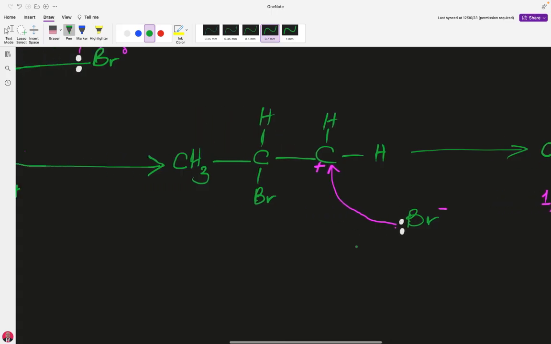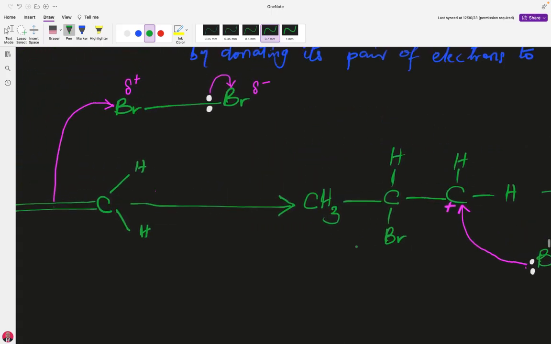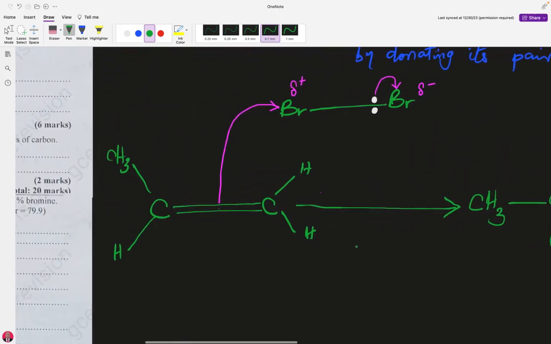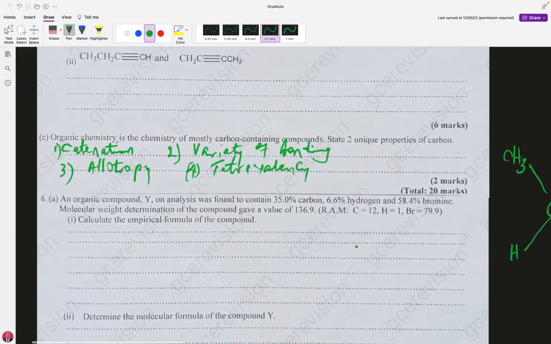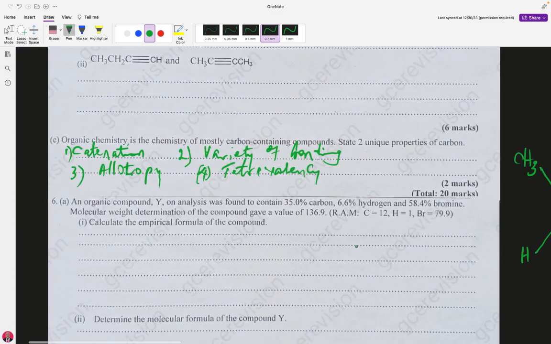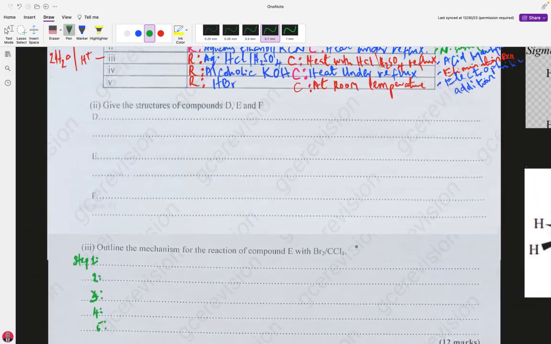So that is it. If you can do this, study your mechanism very well, the way I've explained to you, fellow learners, I am certain you are going to make it.